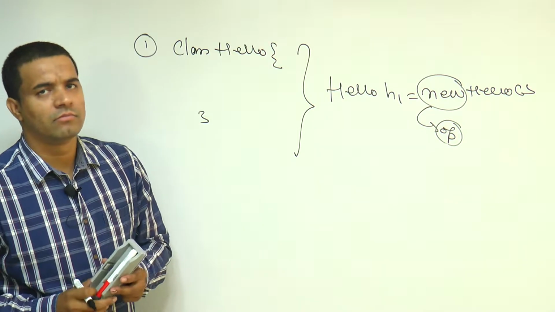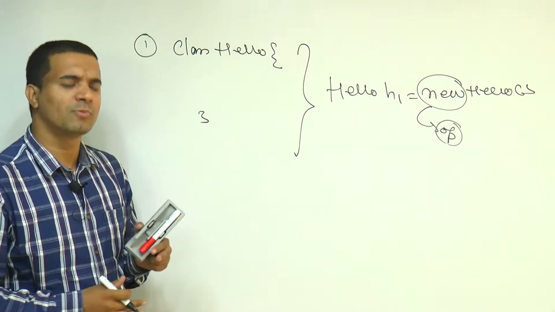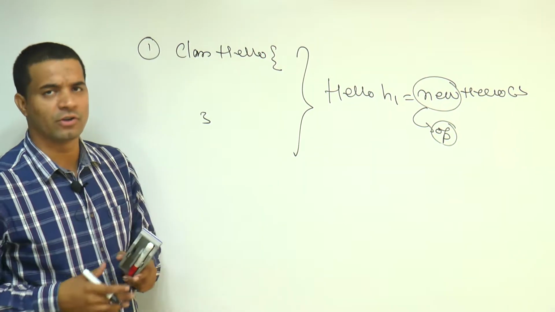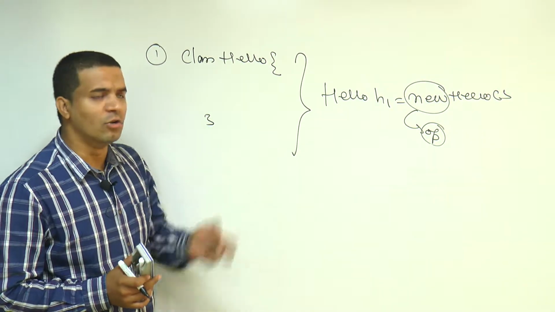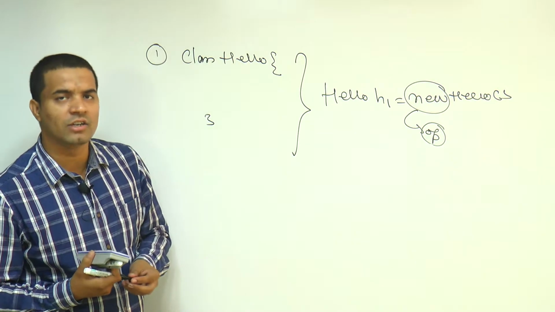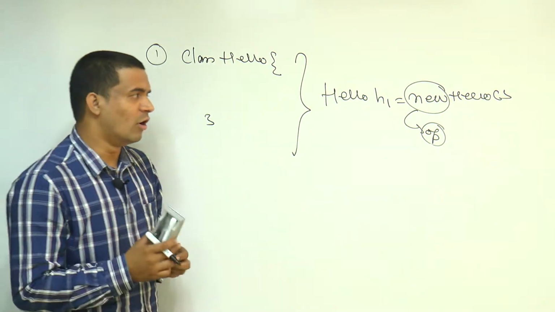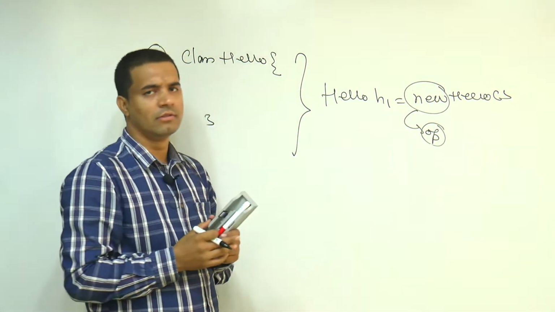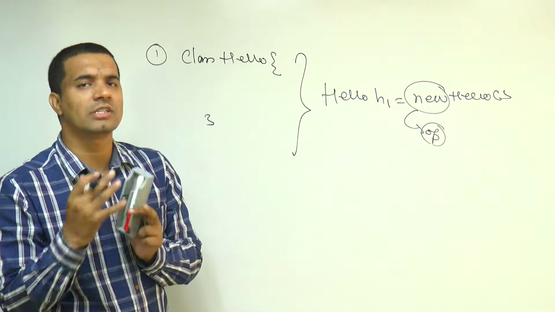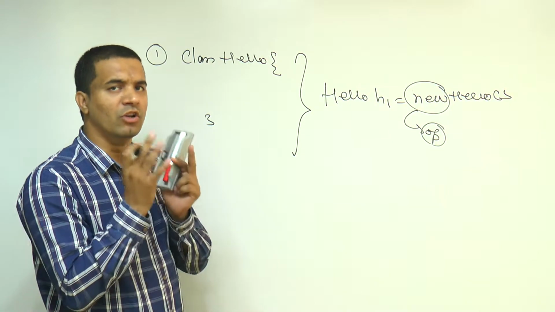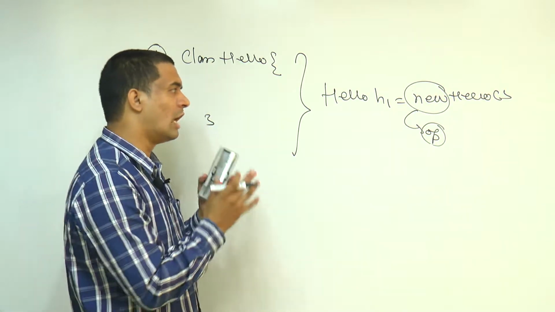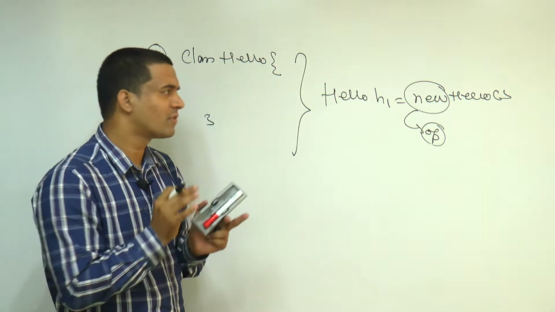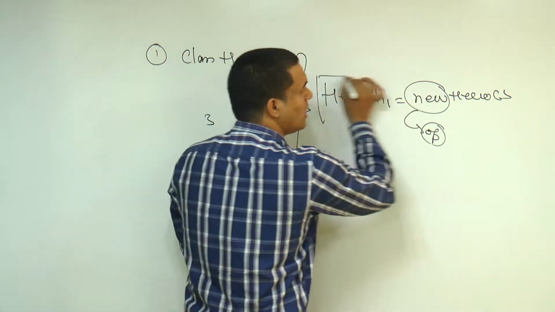As we have already discussed what exactly the new operator is, you can refer to your basic classes. Again, I am repeating: the new operator is used to allocate a new memory location inside the heap memory, right?